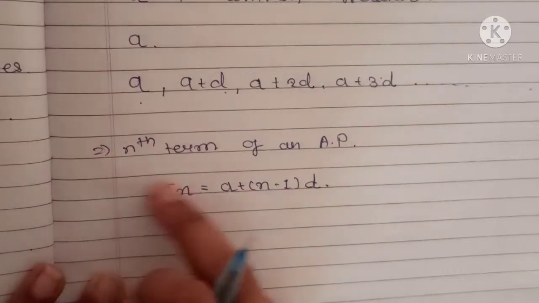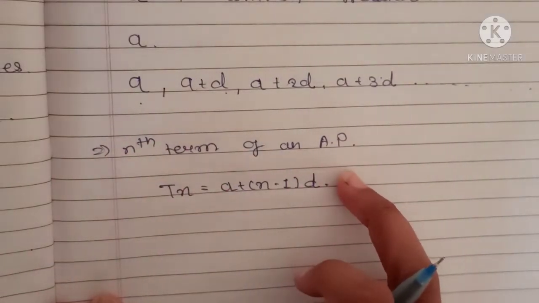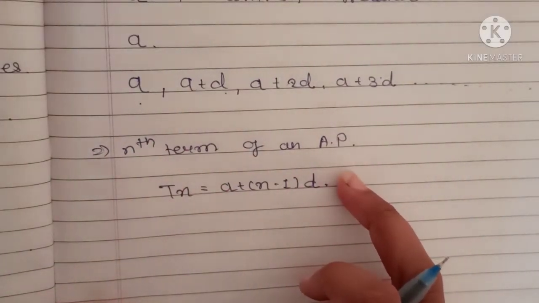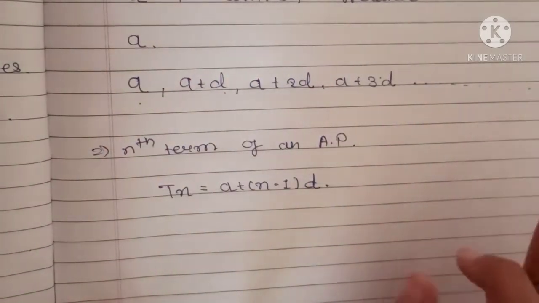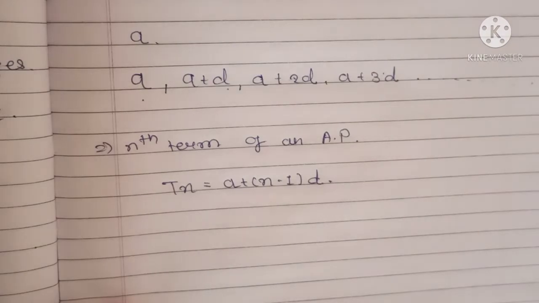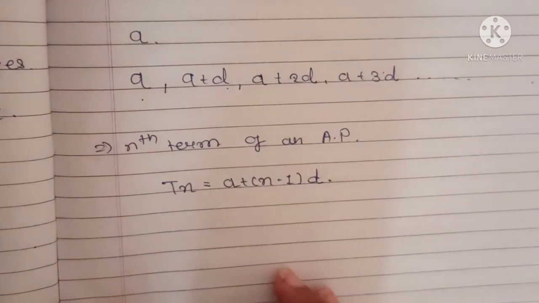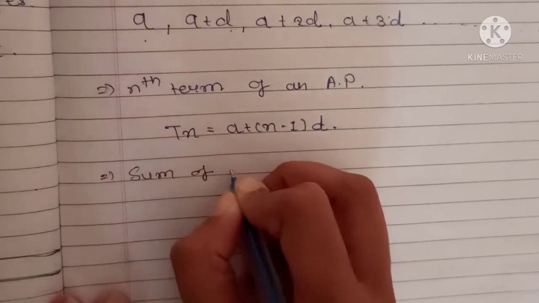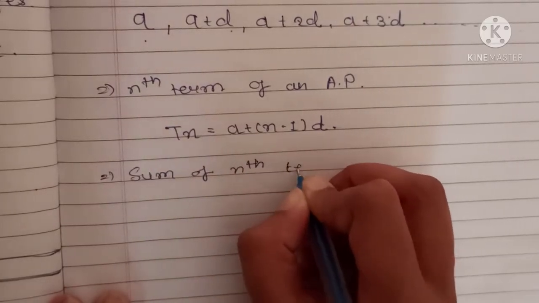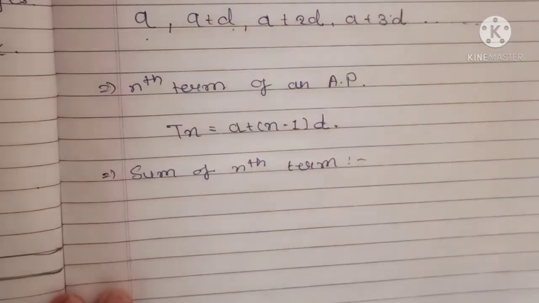Using that formula, we can find the nth term of any series of the arithmetic progression. And we also have to find the sum of the nth term. There are two formulas.